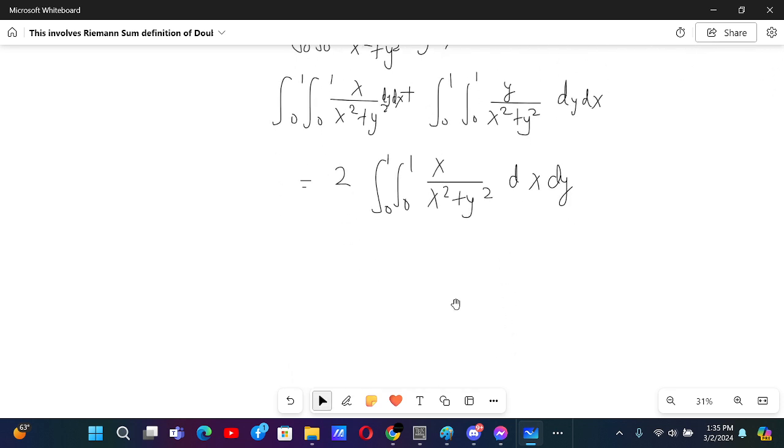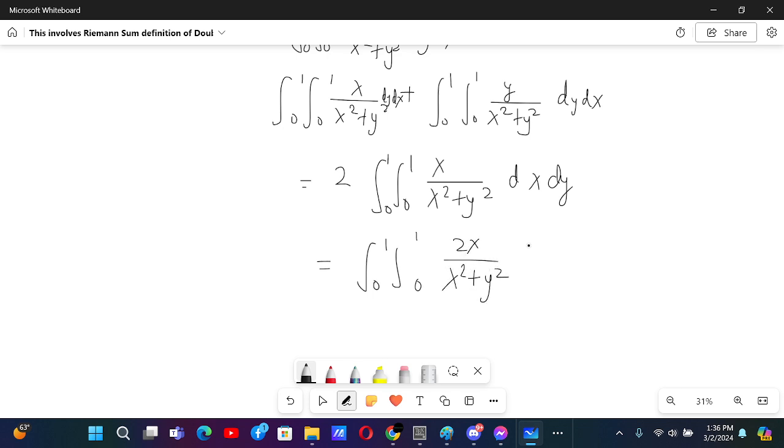Now after this, what can we do? Okay, so I can basically write this as integral from 0 to 1, integral from 0 to 1, of 2x by x square plus y square. And now in the numerator, we have the derivative of the denominator.